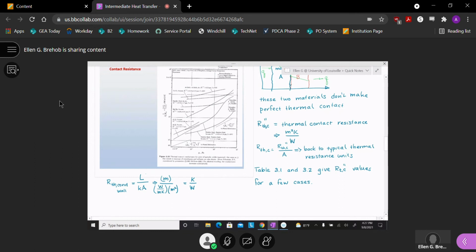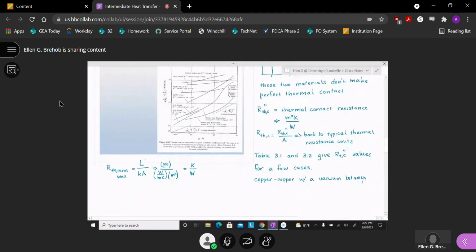There is a vacuum at that mating surface. So for copper with a vacuum between, the thermal contact resistance is 1 times 10 to the minus 4 meters squared Kelvin per watt. So these are pretty small thermal resistance values.